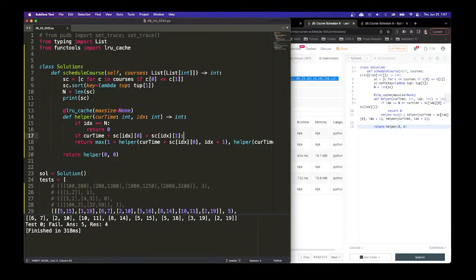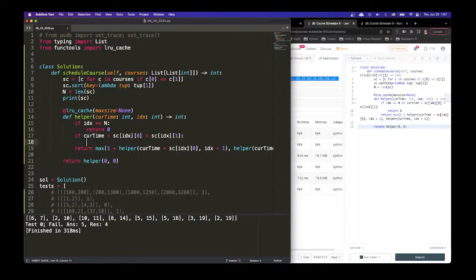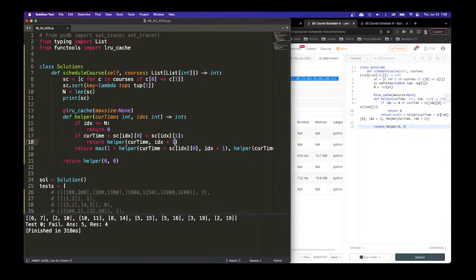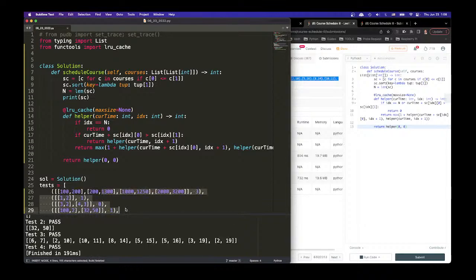And then say if this, then we just skip it, right? We just return helper with current time, we just say cannot do this one, right? And then current time, index plus 1. Yeah. I don't understand. What's the fuss? If I cannot do it, I just don't do it.